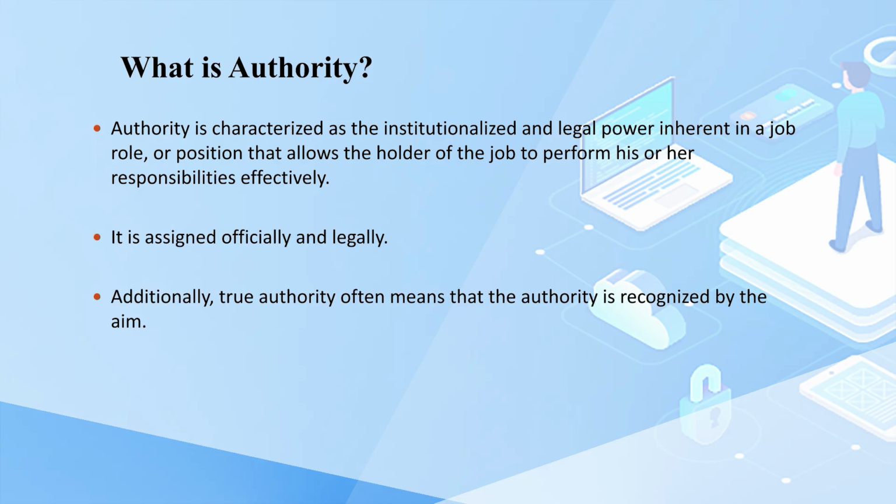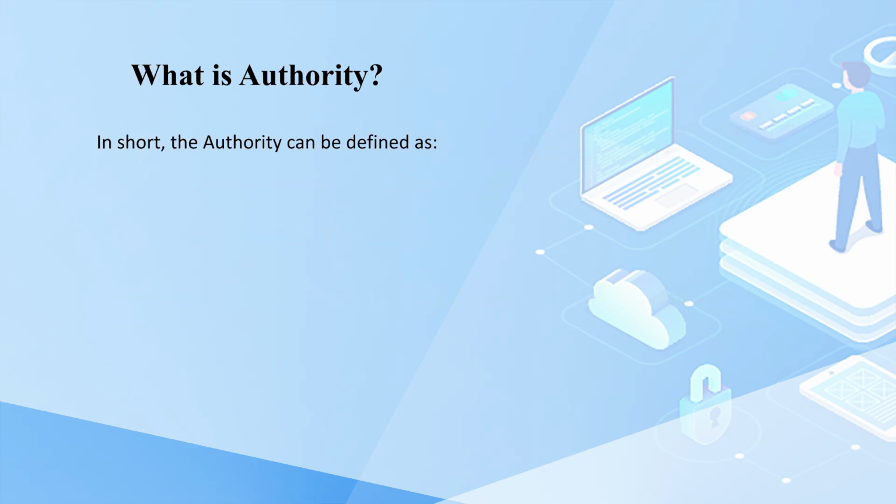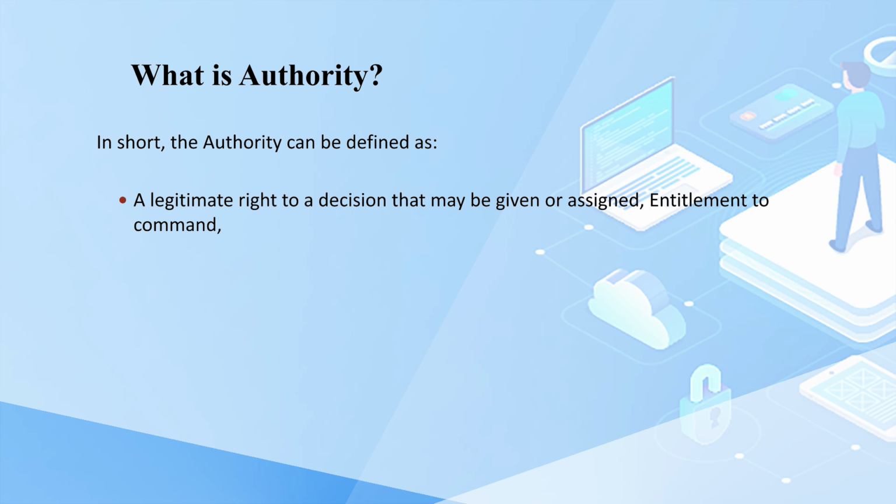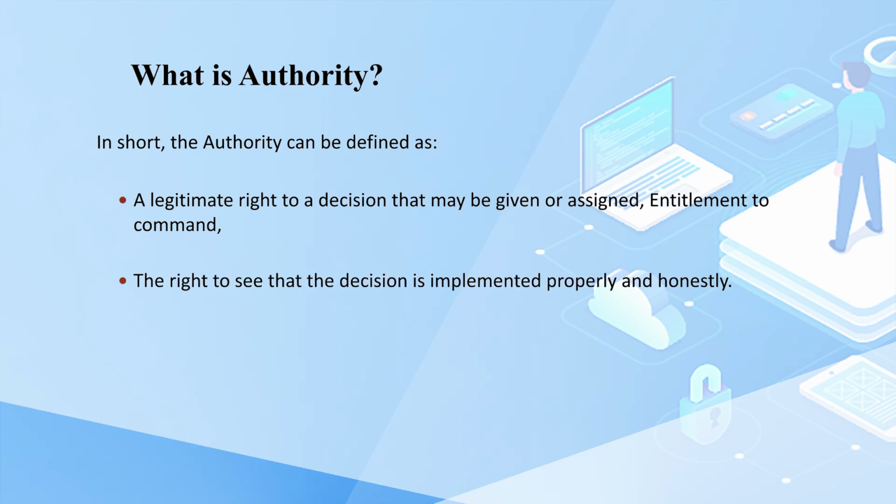Additionally, true authority often means that the authority is recognized by the aim. So, in short, authority can be defined as the legitimate right to make a decision that may be given or assigned, the entitlement to command, and the right to see that the decision is implemented properly and honestly.